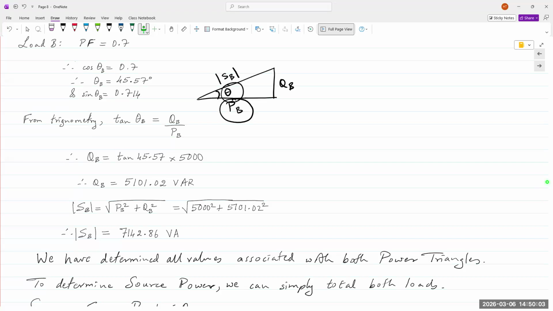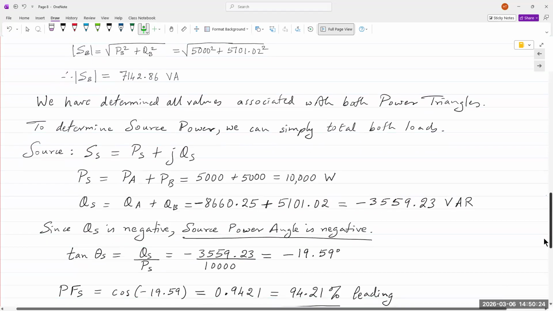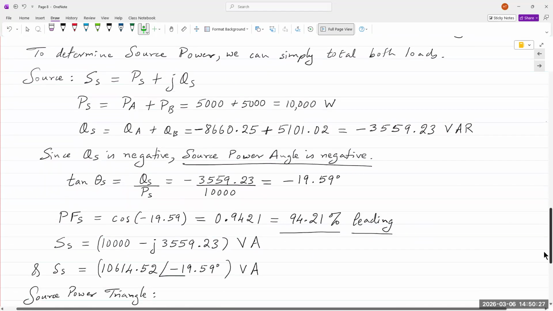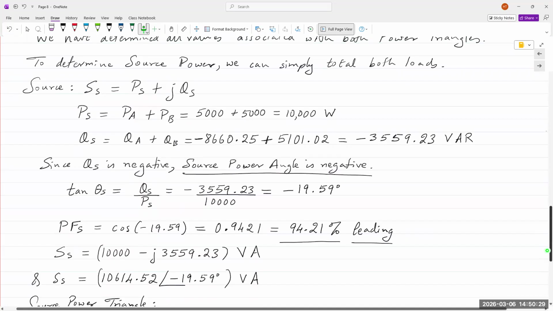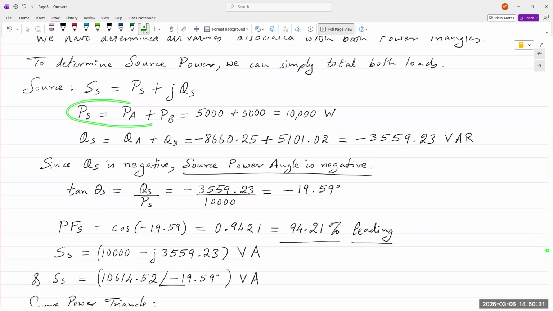Okay. So once you have QB, you can find the apparent power. It's the hypotenuse of a right angle triangle. Square root of P square plus Q square gives you magnitude of S, 7142.86. Now we add it all up. Total power for source would be PS plus jQS.